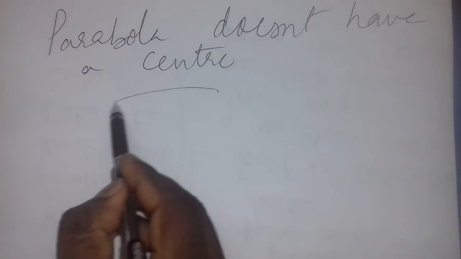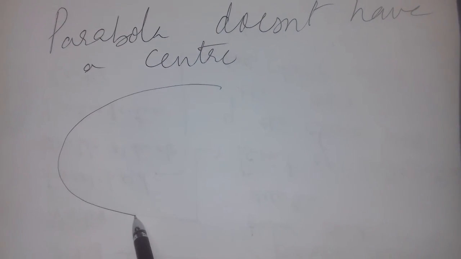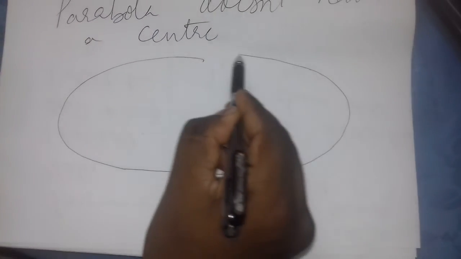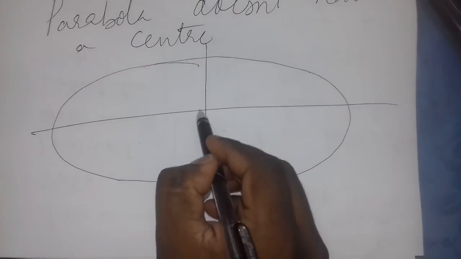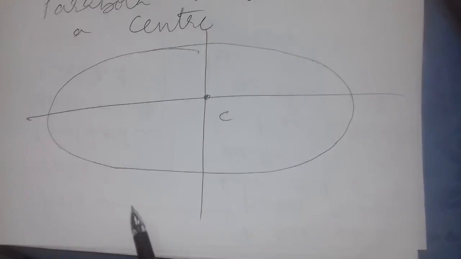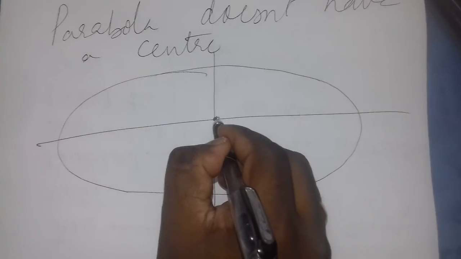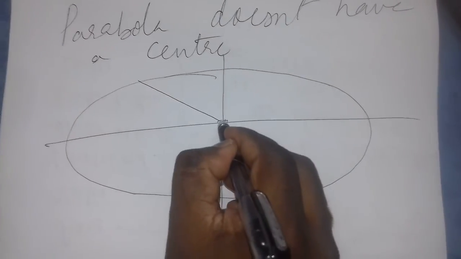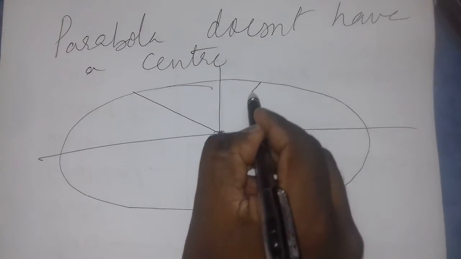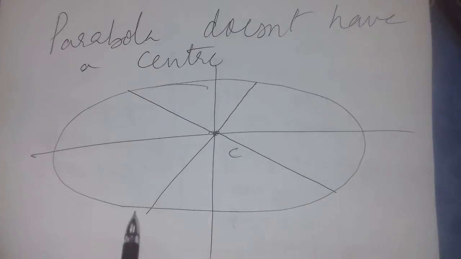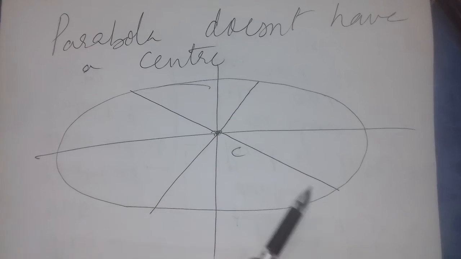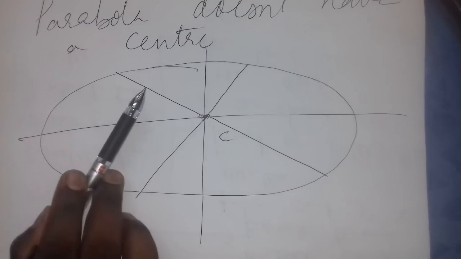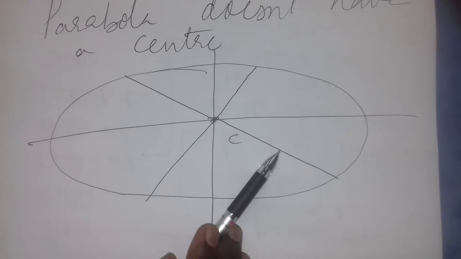Right, but if you look at other conic sections such as ellipse, they will have a center. I'm just drawing a very rough diagram. So a center is something which bisects every chord that passes through it. Bisects means dividing it into two equal parts.